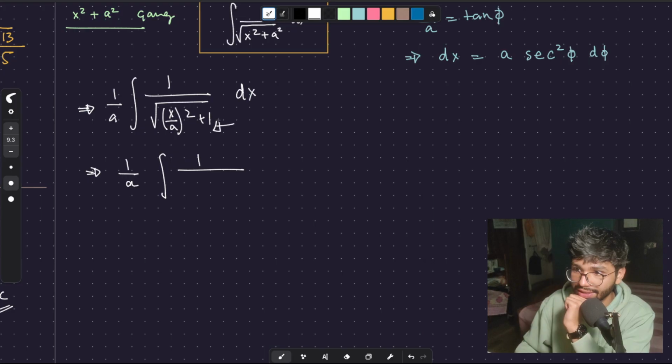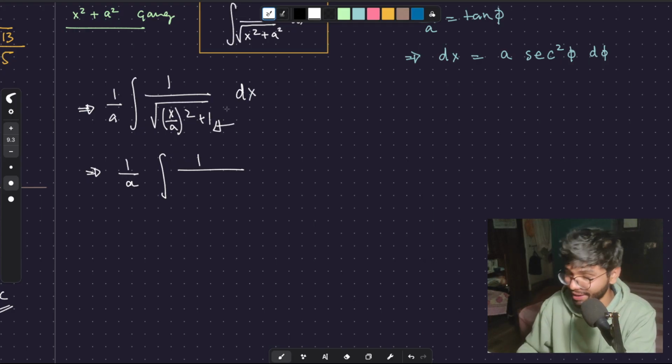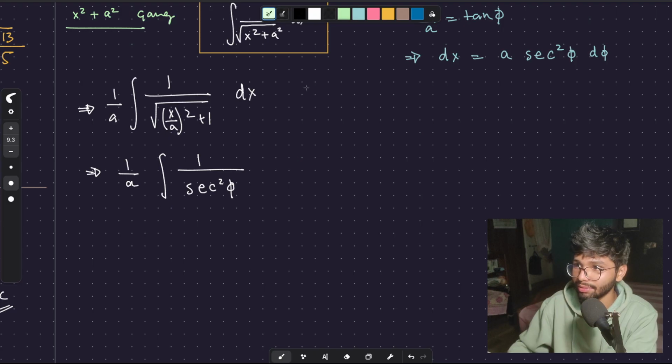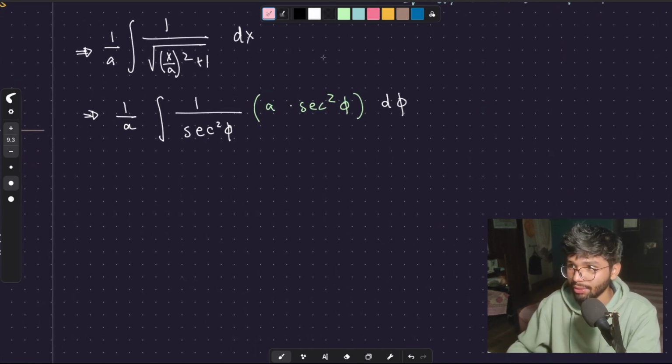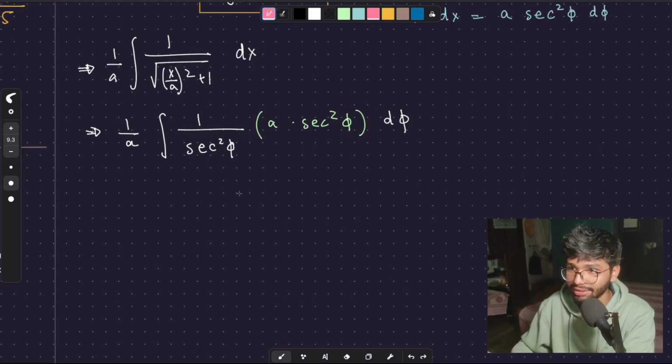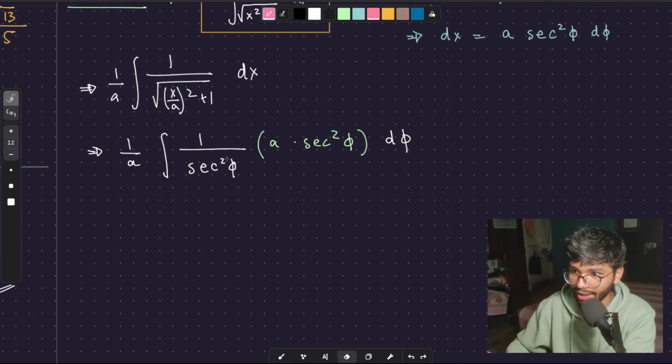Okay, this is just tangent squared of phi. So we're just going to write this thing over here, and here we have a times secant squared of this one times d phi. So we know this a is going to get out and these are going to get cancelled. So amazing job. Again, this is not supposed to be x squared. Sorry about that, because we have the square root over here, right?